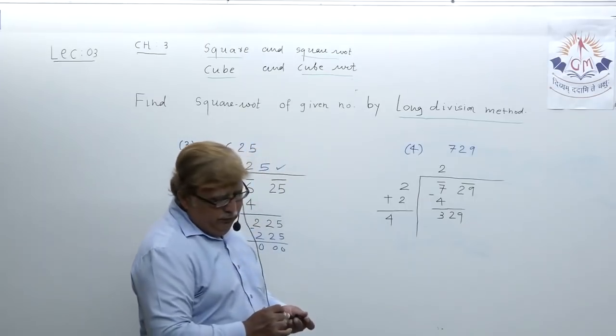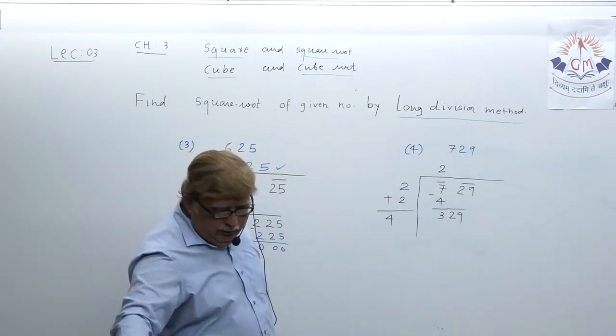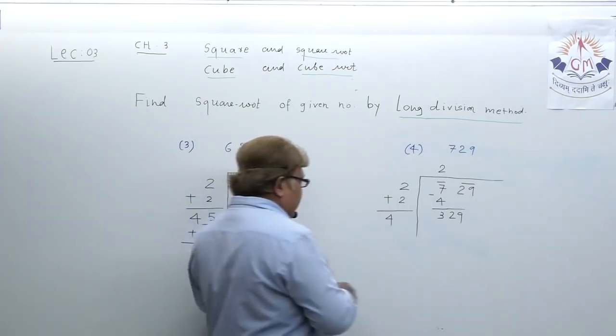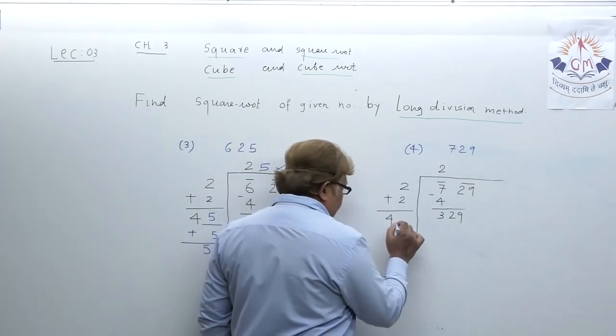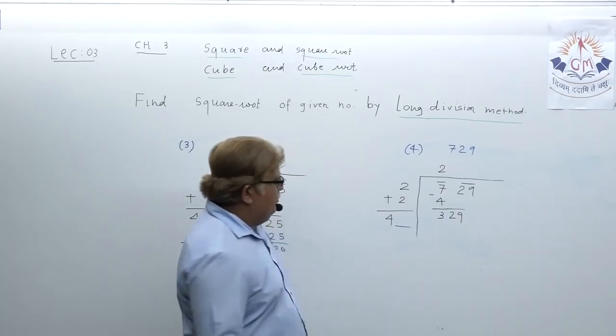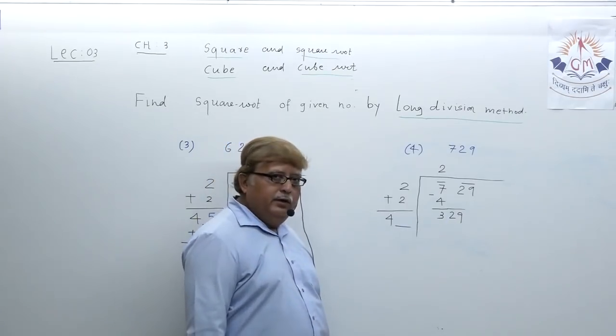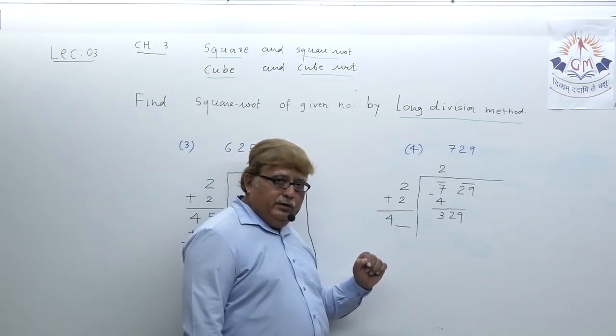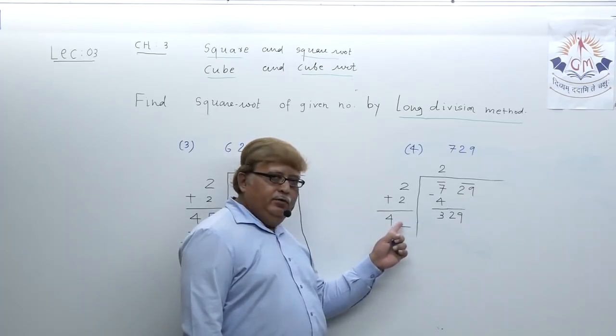Now start thinking of the units digit. Start thinking about the units digit. You want 9 here. Okay, my dear student, smart enough. 9 you want.